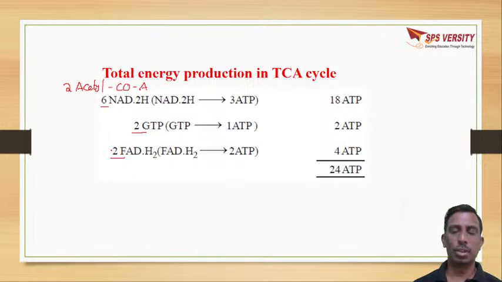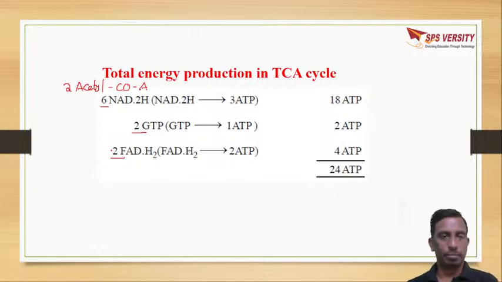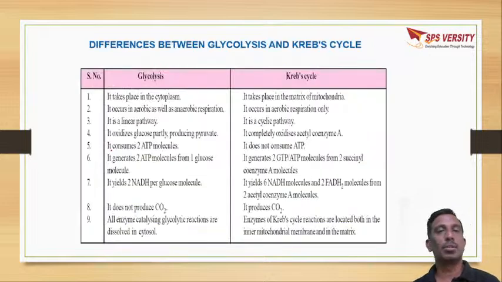This is the energy output from the Krebs cycle. The Krebs cycle takes place in the matrix of mitochondria. What happens after that? After that we have the electron transport system.